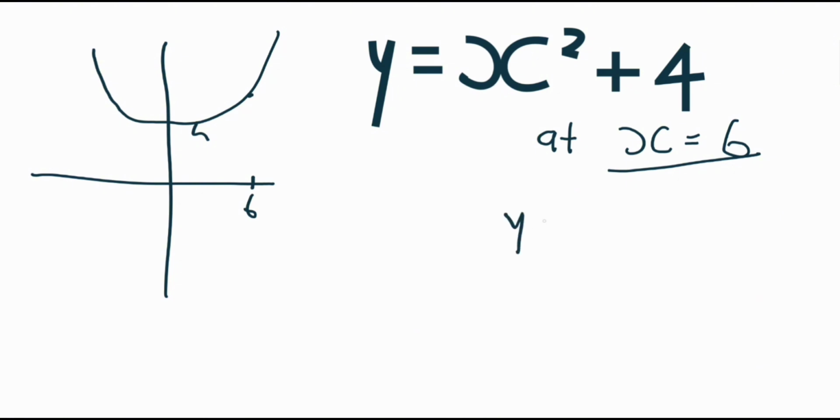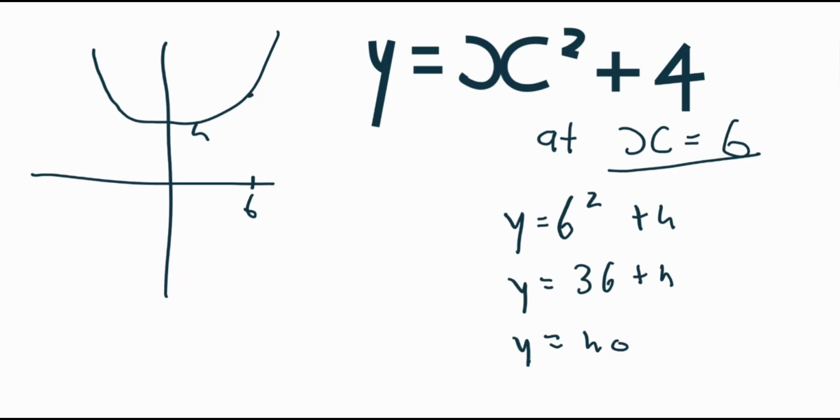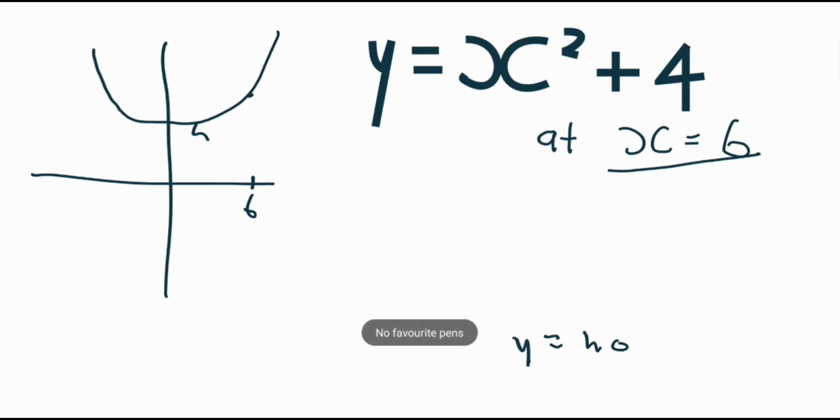So y equals 6, being the x, squared, plus 4. That means that y equals 36 plus 4, so therefore y equals 40. Great. So now we know our y value. We can write this point as 6 being our x coordinate and 40 being our y coordinate.